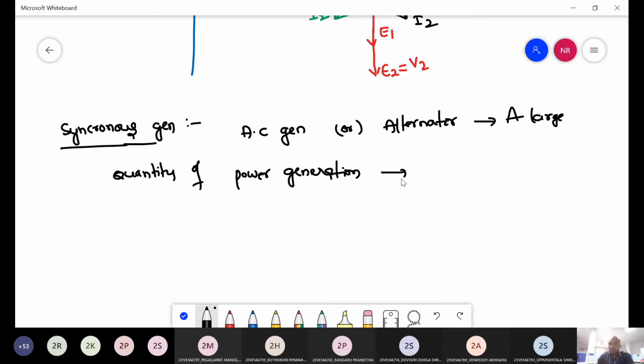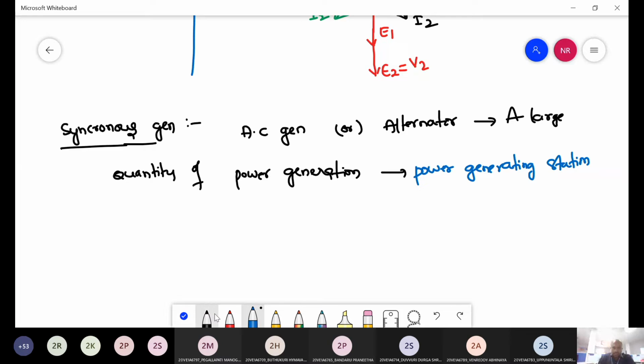Mostly that is in the power generating stations. Those are in Nagarjuna Sagar, Srishailam, or thermal, Ramagundam, NTPC, KTPS. These are all the power generating stations. In those power generating stations, we are using that alternator.